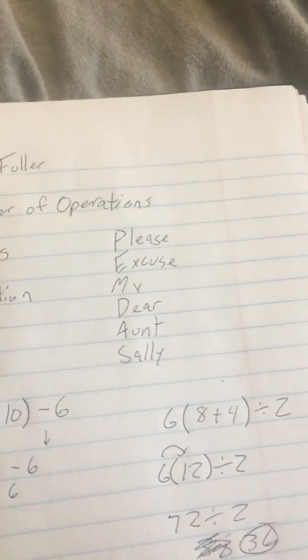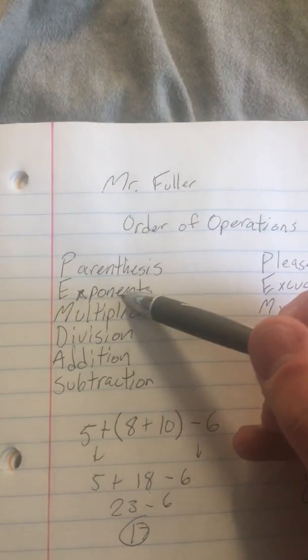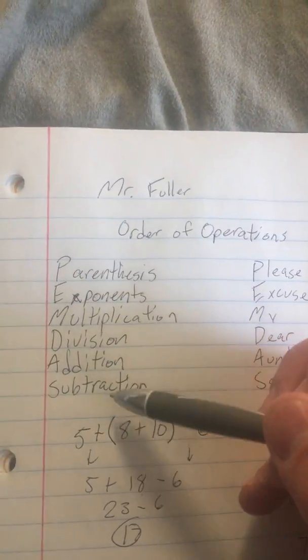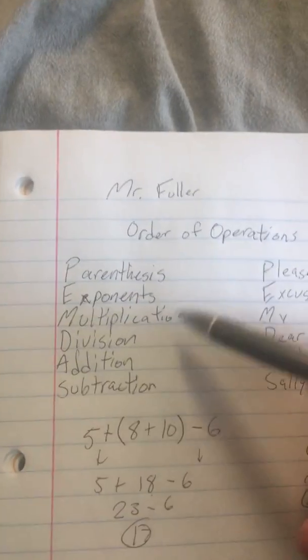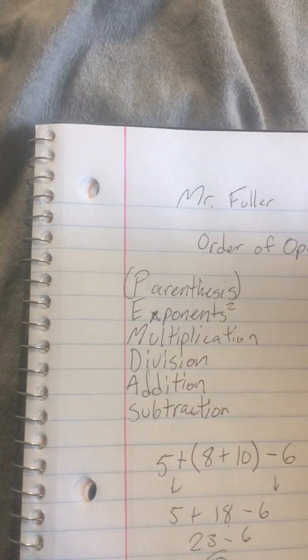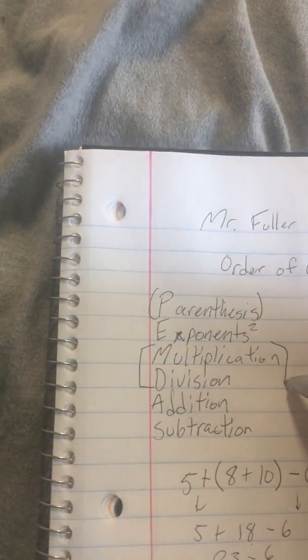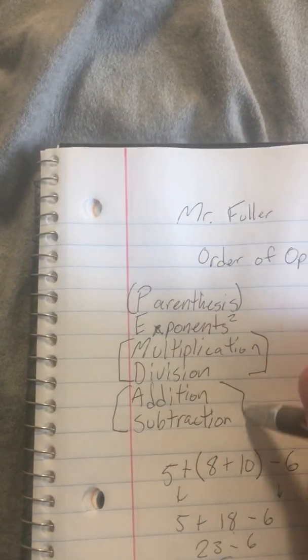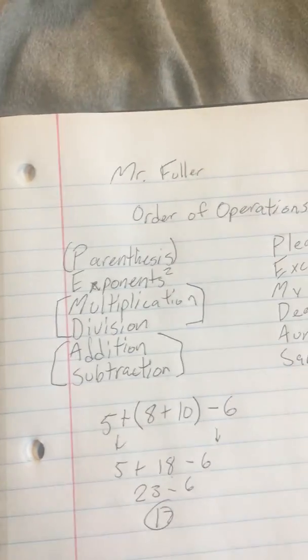So you can always remember it that way. But it'll be parentheses, exponents, multiplication, division, addition, subtraction. And they go in order, so this one always first, okay? Exponents, number 2. Multiplication, division, and addition, subtraction, they go together.